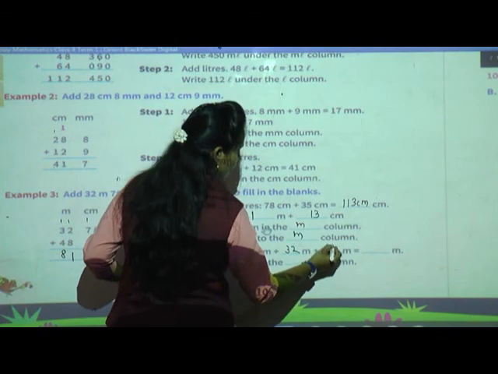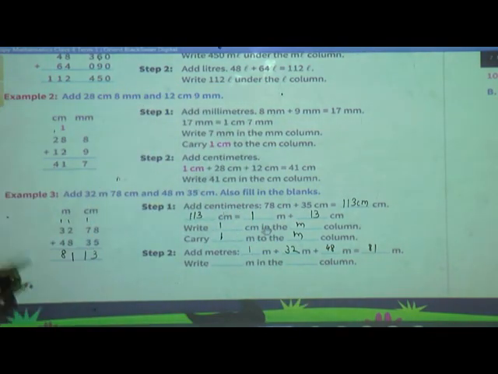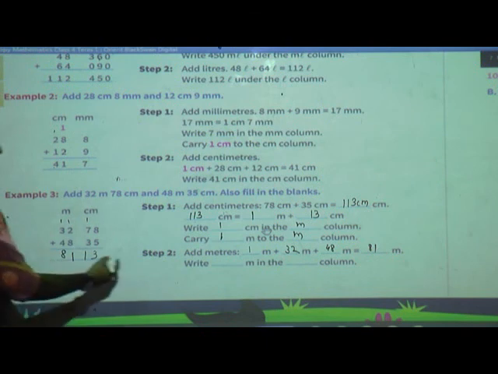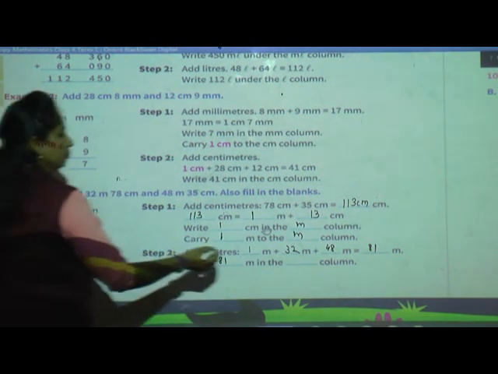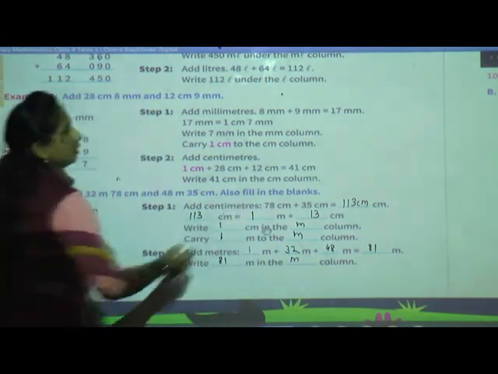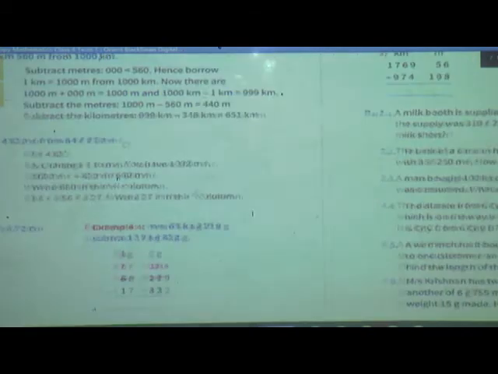When we add all together, we get 81 meter. We write it in the meter column. Clear? Yes. The fourth example on page number 103, you are going to solve on your own.